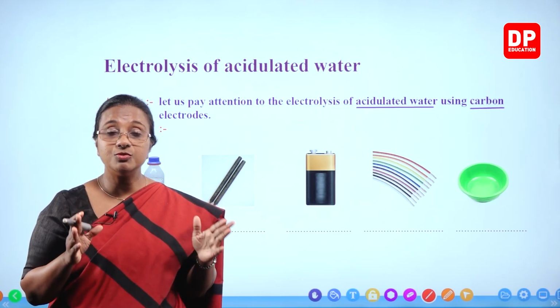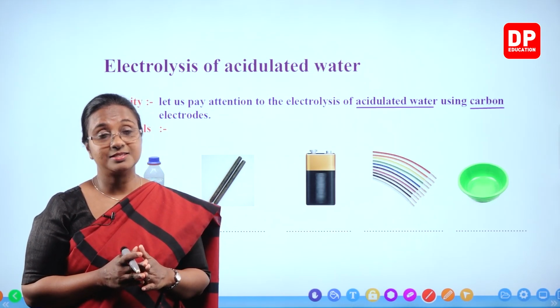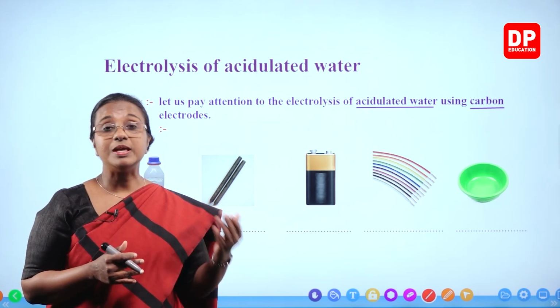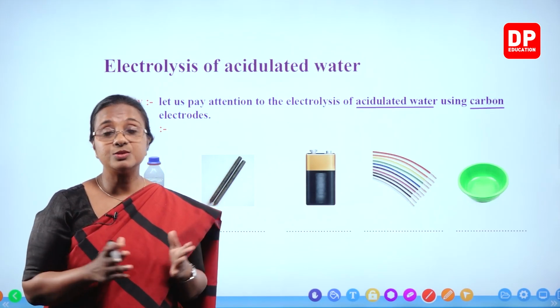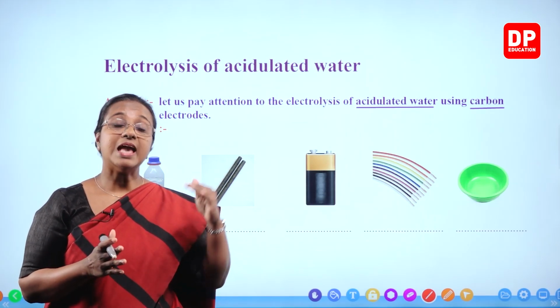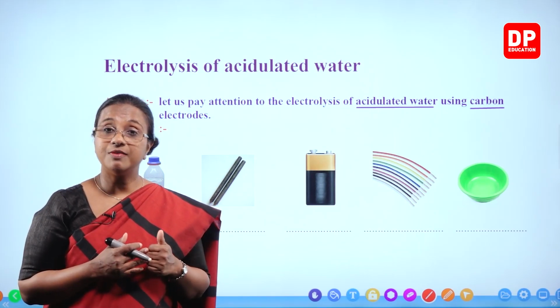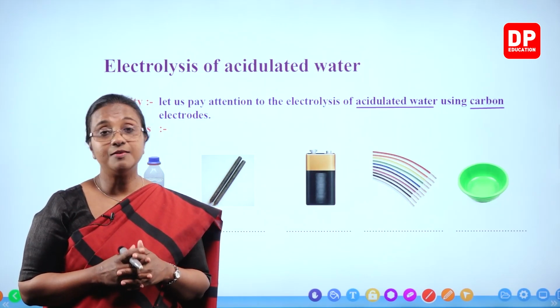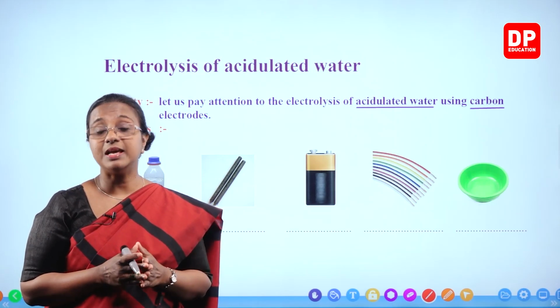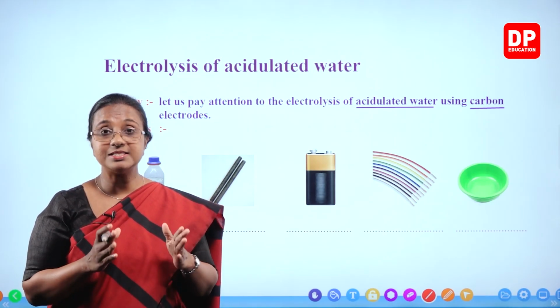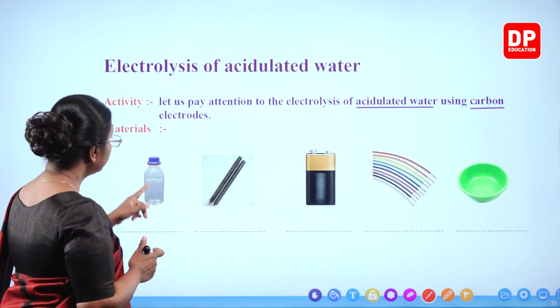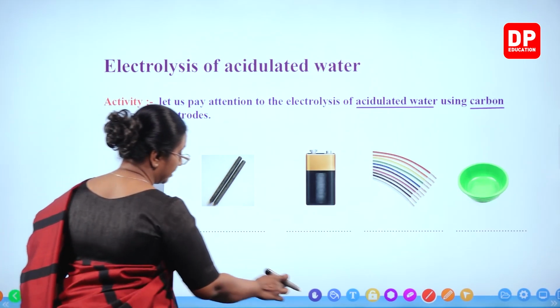Because of that, it usually does not conduct electricity. So to make it become a conductor and the dissociation to occur, we add dilute sulfuric acid. So it becomes acidified water or acidulated water that can be electrolyzed easily. So to do this, these are the materials that we need.